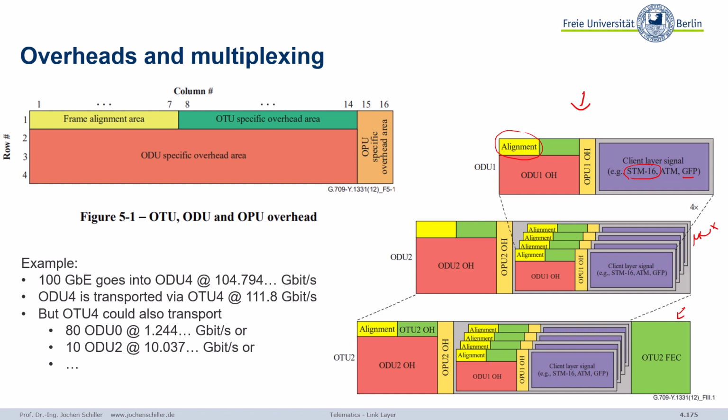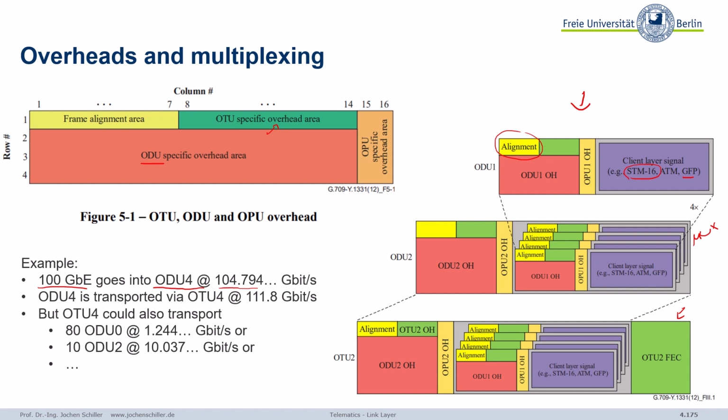So this is the rough structure where you basically have your original data, optical data unit, and you insert some overheads depending on where you are on this layer. So, example, 100 gigabit Ethernet goes into a certain ODU4 in this case, offering 104 point whatever gigabit per second. You see a bit more because we have some signaling, so some rate adaptation.